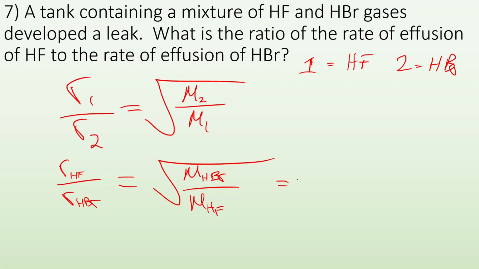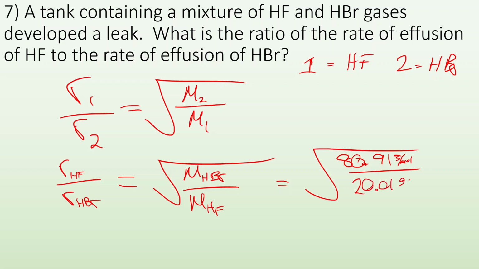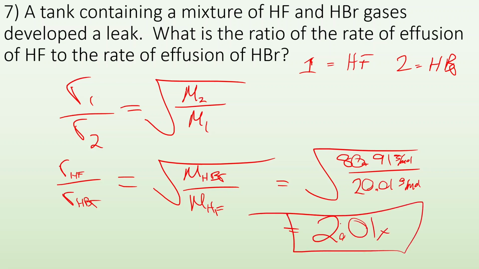So I plug and chug. Square root of, well, HBr is roughly 80.91 grams per mole divided by HF, roughly 20.01 grams per mole. And when I plug and chug, I get roughly 2.01 times the rate. So HF is going to effuse roughly 2 times quicker than HBr.